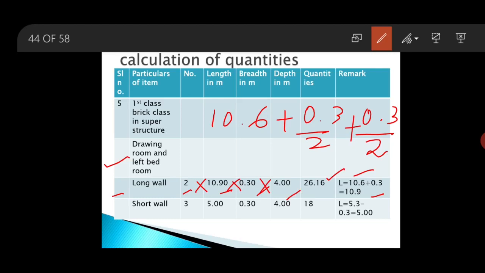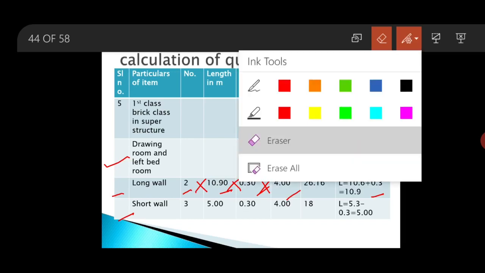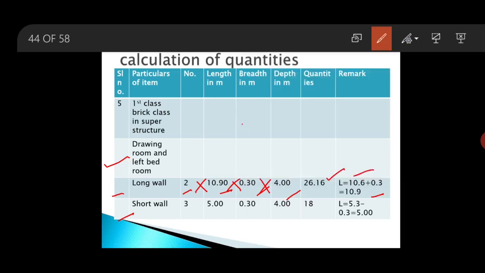Okay. Next we will move to the short wall. For the short wall there are 3 numbers, and the center to center length of this short wall, as we have calculated earlier, is 5.3 meter.